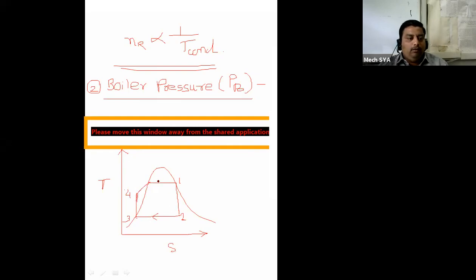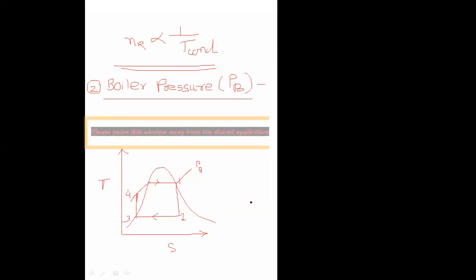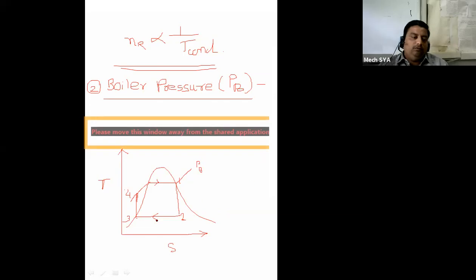This is boiler pressure. Now keeping condenser pressure constant, the condenser pressure will not change. This is the condenser pressure, this line will not change. This condenser pressure will remain constant.